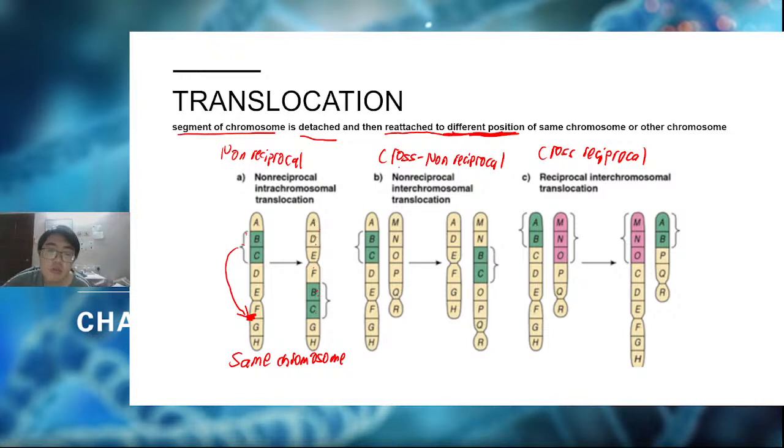Then we say cross non-reciprocal. Here, if you see the term cross, or you see the term inter, it means these two mutations already involve two different chromosomes.